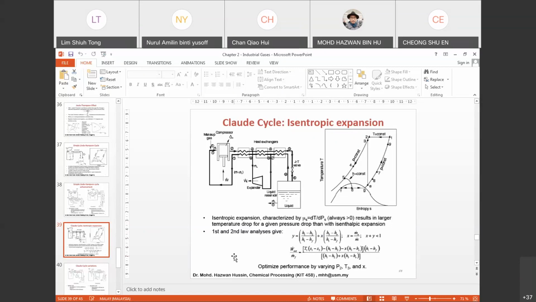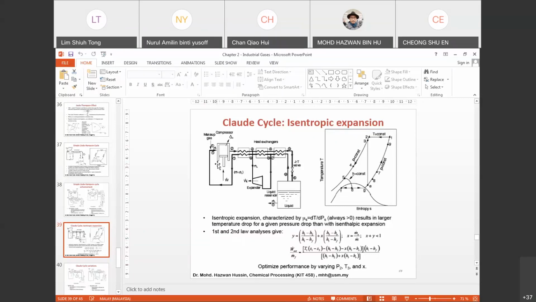The first and second law analysis will give this representation. I believe this one is not something you have to memorize. It's just a fundamental concept for you to understand the first and second law principles of isentropic expansion.